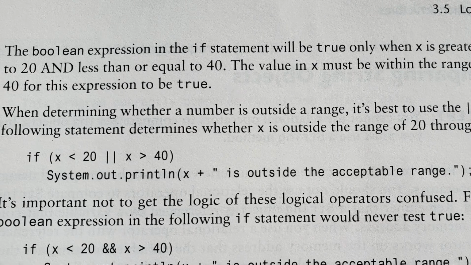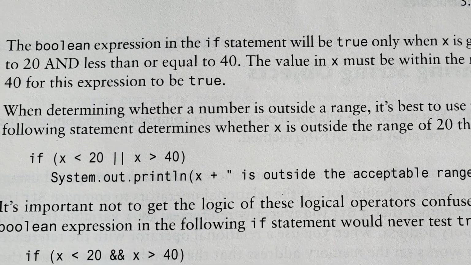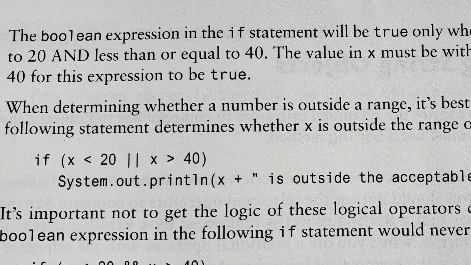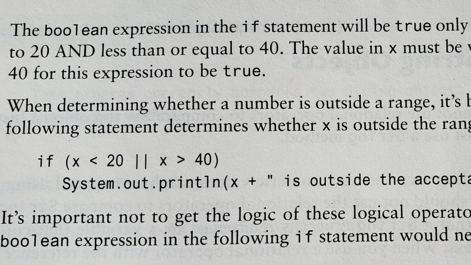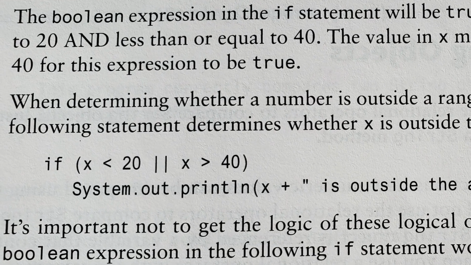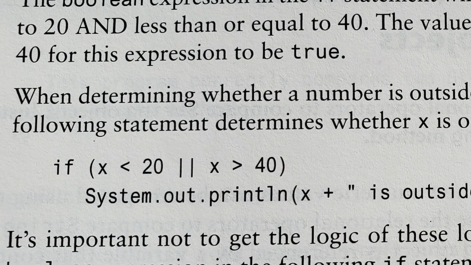If we wanted to check for the opposite, if we wanted to check that the value is not in the range, then we would use this expression. If X is less than 20 or X is greater than 40. That's how we would express that the value is not within the range 20 to 40.